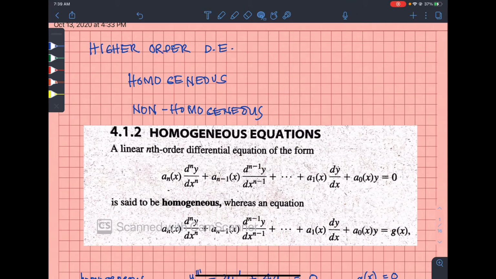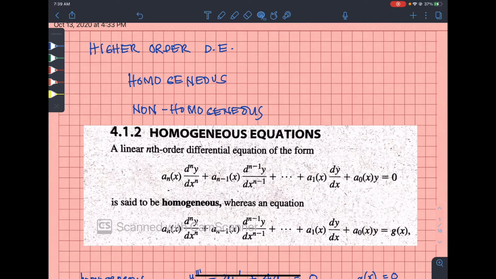Hello, we are now on the final period, and we will be covering higher order differential equations as our start. There are three methods in solving higher order differential equations. The first one is the homogeneous equation with constant coefficient.